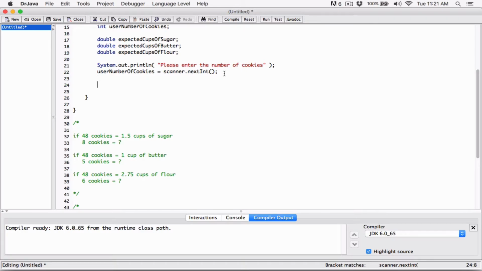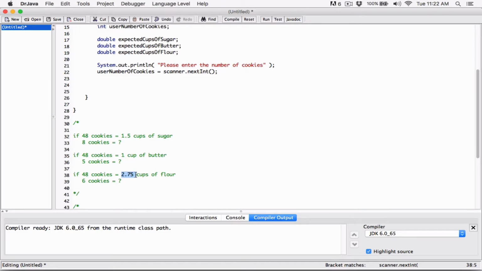All right, so the first thing we're going to do is cups of sugar, and if you remember from the beginning of the video explaining the ratio and proportion thing we're doing here, we're always dividing by 48 and multiplying by this. Same here.